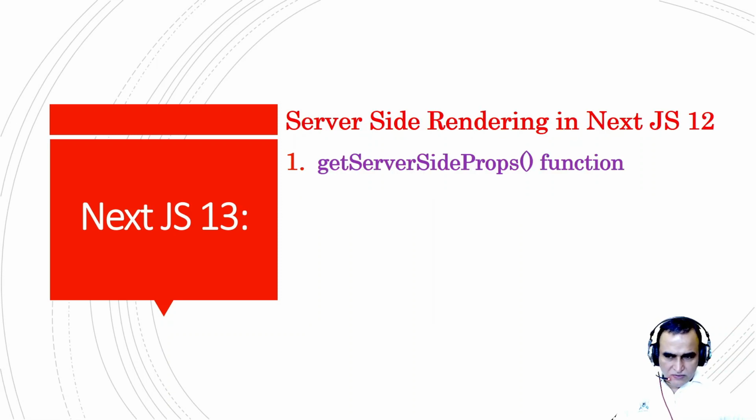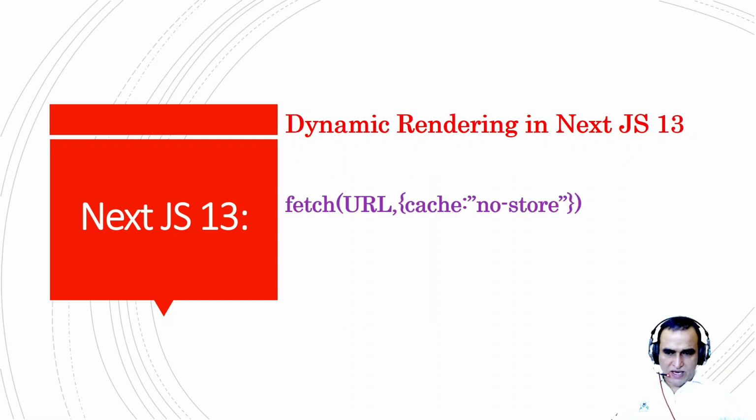For server side rendering in Next.js 12 and before, we used the getServerSideProps function, but this function is no longer used in Next.js 13. In place of that, we use the fetch function with an extra parameter called no-store. How to use it, I am also going to explain in my next video in the same playlist. You can follow those. This server side rendering has now become dynamic rendering.